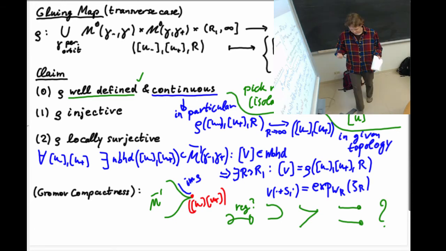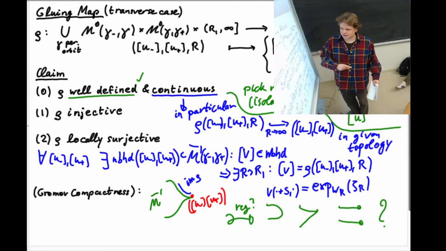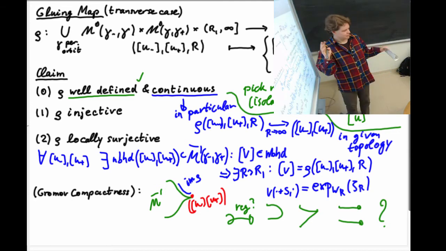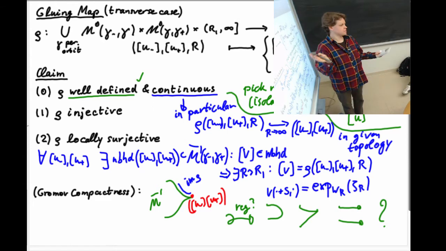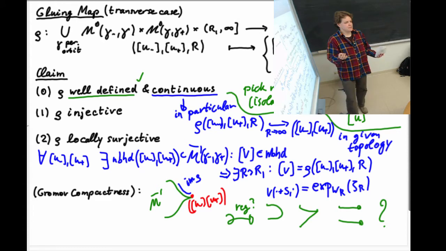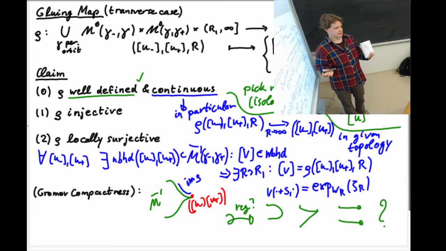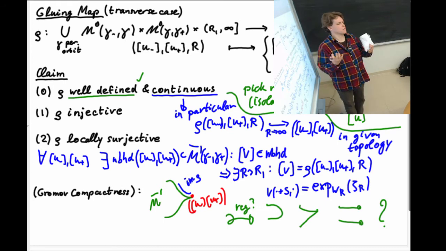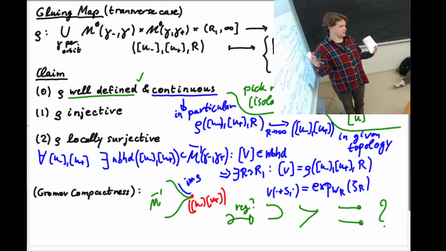We like to write down these compactified moduli spaces and say that the broken curves are the boundary. Doesn't Gromov compactness tell you that? No, Gromov compactness tells you that it's a compact topological space. Topological spaces have no boundary. There's no notion of boundary in a topological space by itself, unless that set sits in a larger set. But our Gromov compactified moduli spaces don't sit in a larger ambient space.